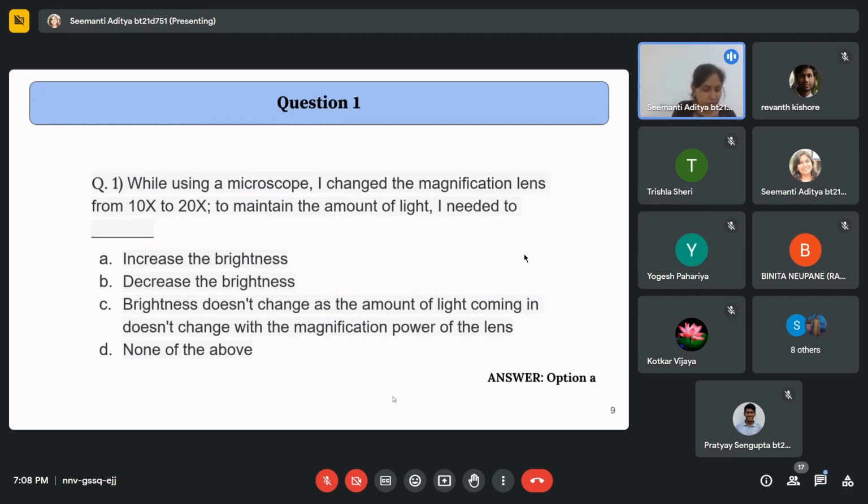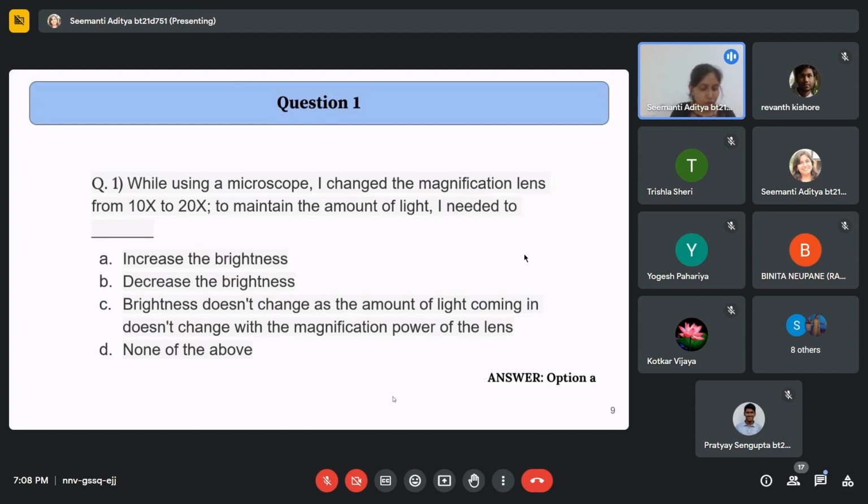It's not decrease the brightness, or it depends on the aperture of the lens. The aperture of the lens depends upon several factors, right? It depends upon the refractive index and upon the angle at which the light is entering.